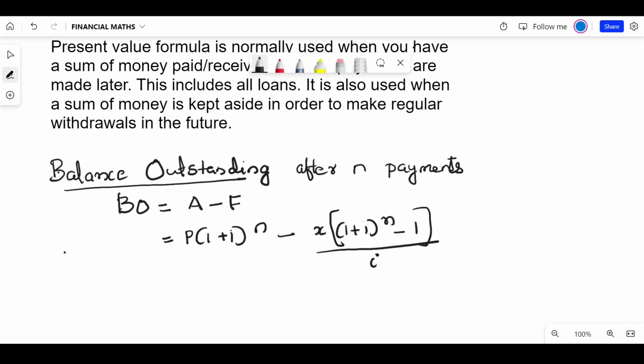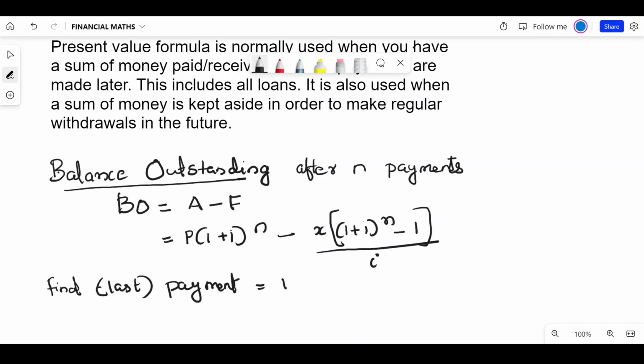Now, also sometimes the question will ask you to find the last payment, what is the final payment or the last payment you made. So let me also mention the final or last payment together with the outstanding balance.